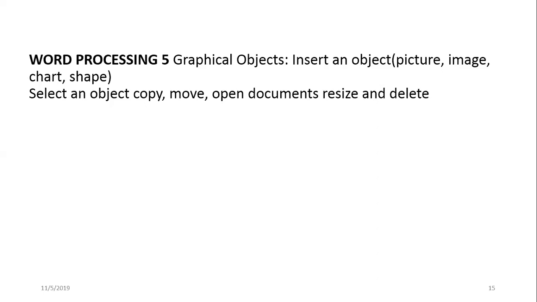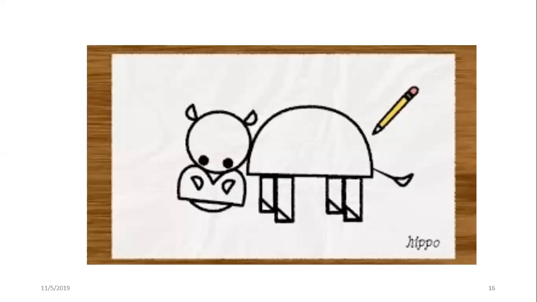So for the first object we like to work with today is this. I want us to use the images, the objects, the shapes that we have in Microsoft Word to create animals, to create objects. That is what we're going to do now. If you observe this one, you will see a circle, then a rectangle, sorry, a triangle at the leg.